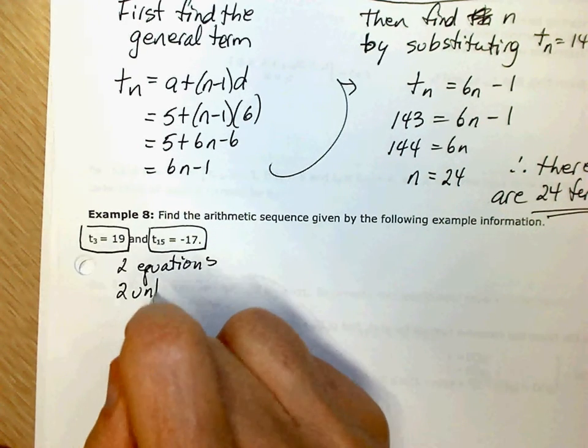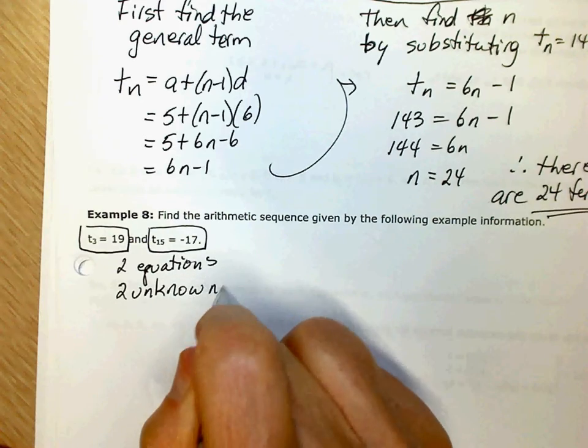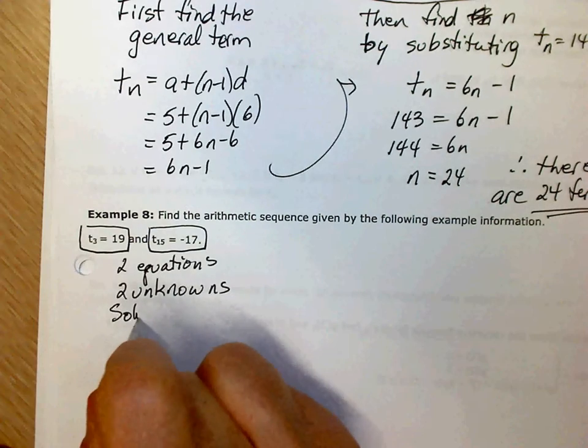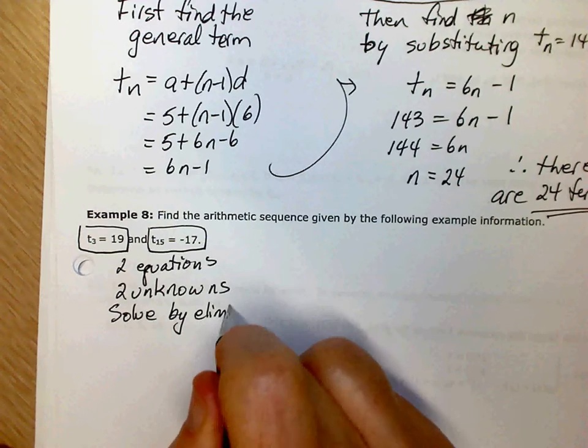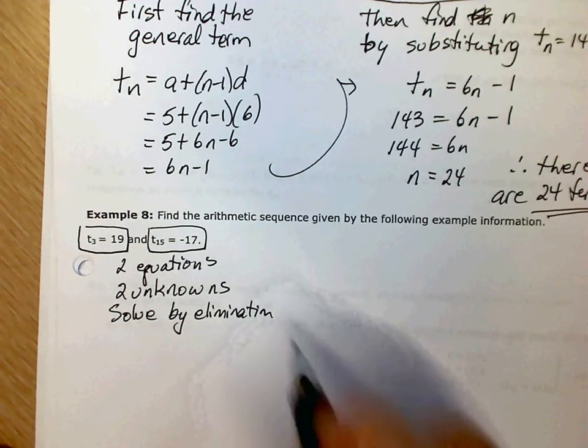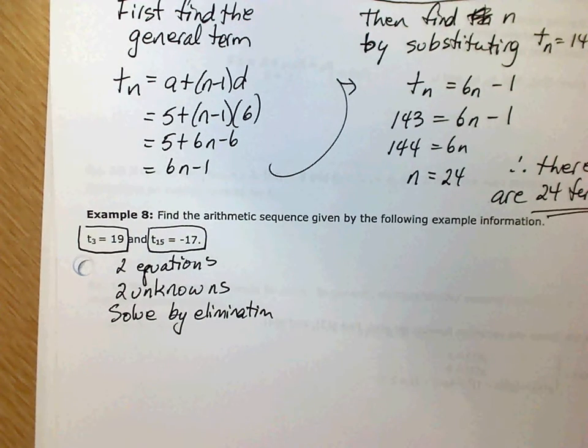And then we can solve by elimination, just like what you've done in grade 10. Solve by elimination. Yes. No. You need nice, well laid out formulas, okay? Because we're marking for your knowledge of formula.